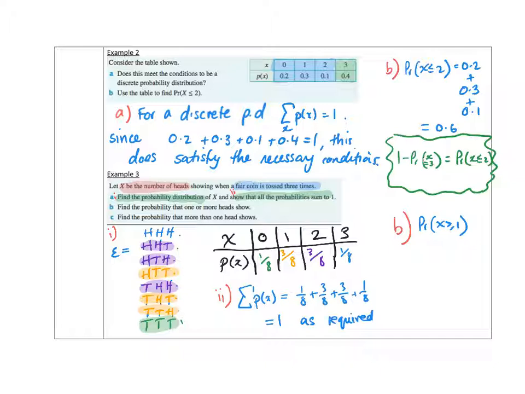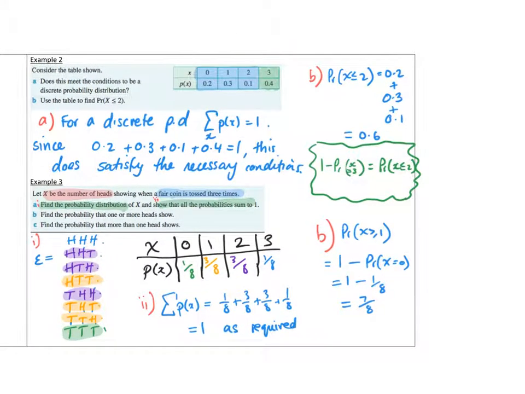So it's everything but 0. We might rewrite this as 1 minus the probability that x equals 0, which is 1 minus 1/8, which is equal to 7/8.